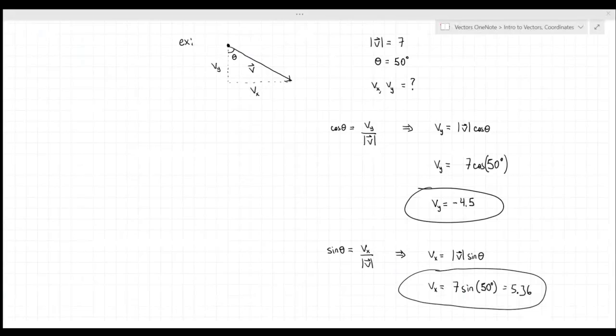Yeah, so in this problem, I didn't specify any units, but you would include the units though, like say in a physics problem. So if V was a velocity vector, then you might have units of meters per second on each of these.